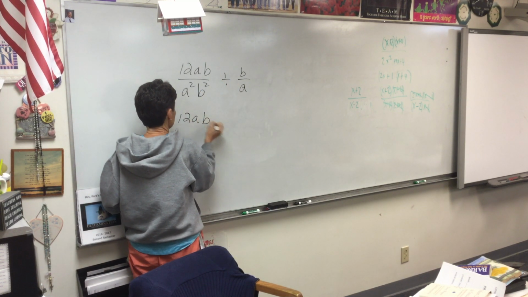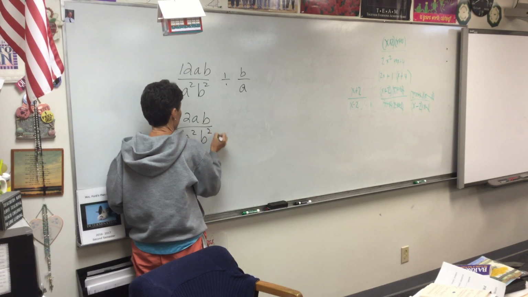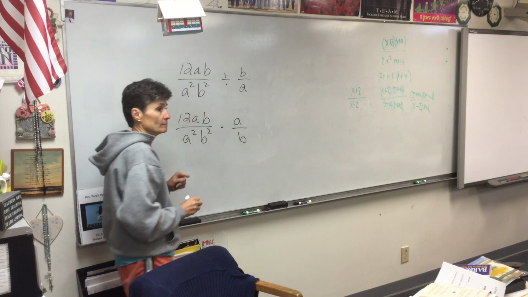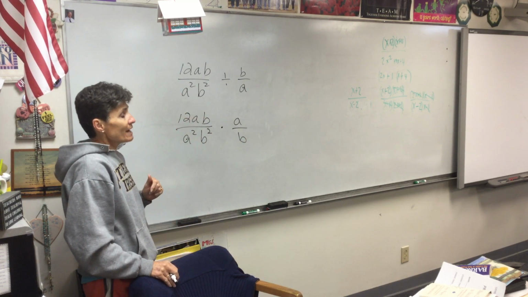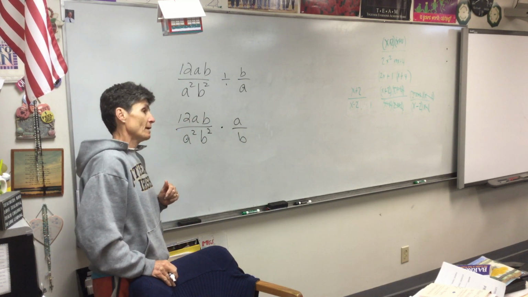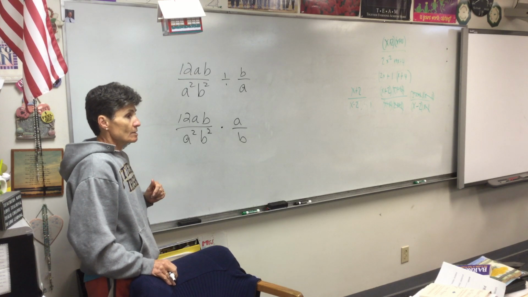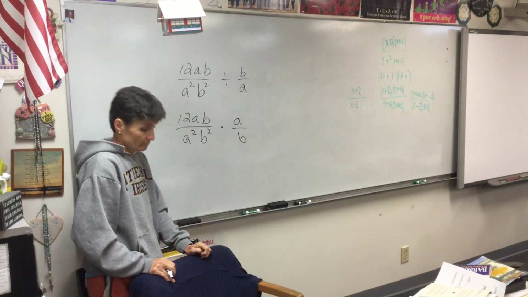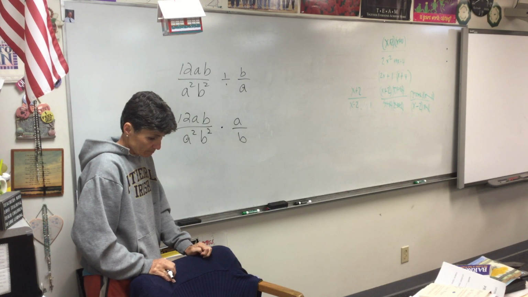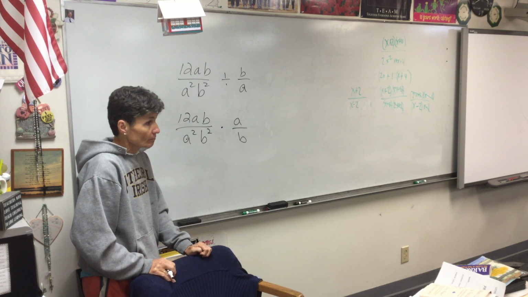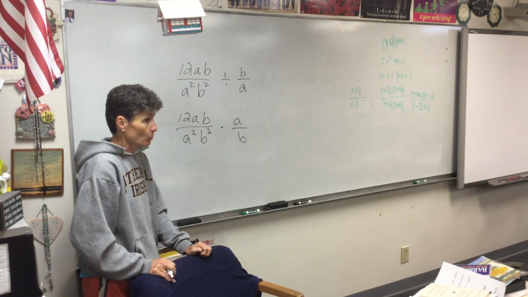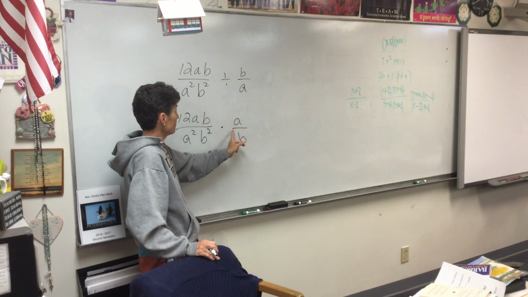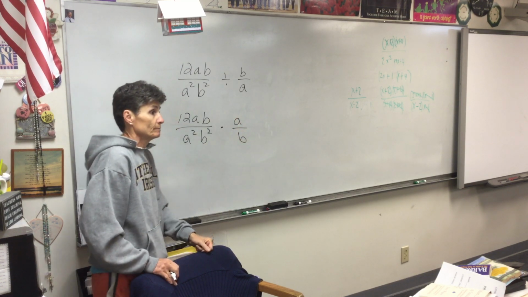So 12AB over A squared B squared times A over B. When you divide by a fraction, you multiply by its reciprocal. This is 62, number 1. We're going to turn it over and multiply by A over B.